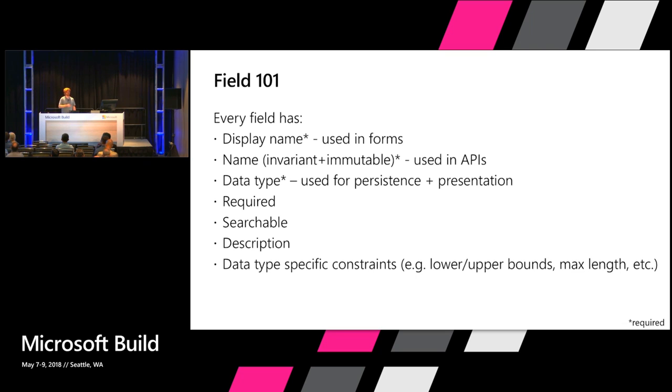We have a flag which specifies whether or not that field is required, whether it's searchable, so whether or not that field will be indexed and later quickly searchable, a description used in contextual help, and then data type specific constraints. So for example, on numeric values, it could be lower or upper bounds. For a string, it might be a maximum length, and so on and so forth. You get the general idea.